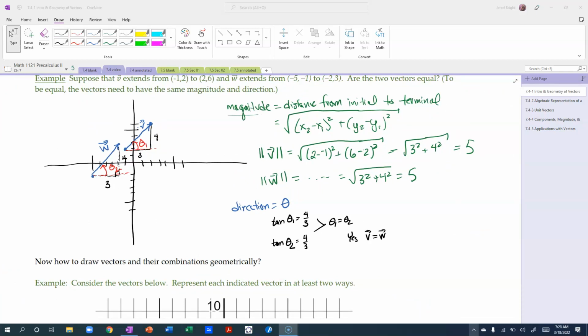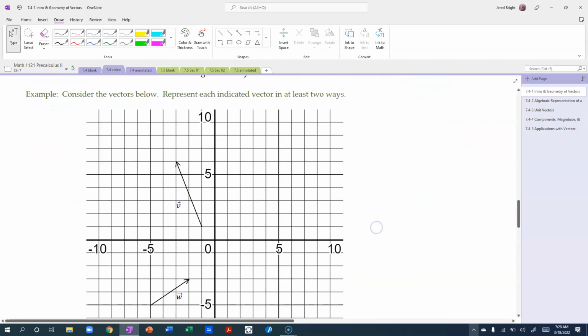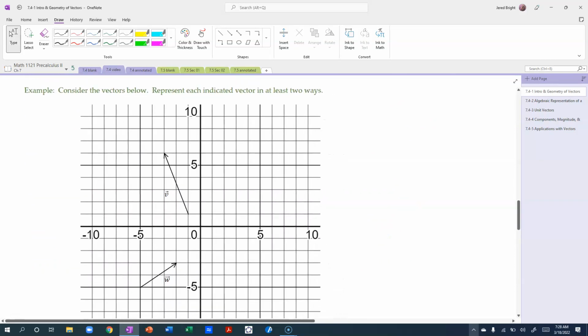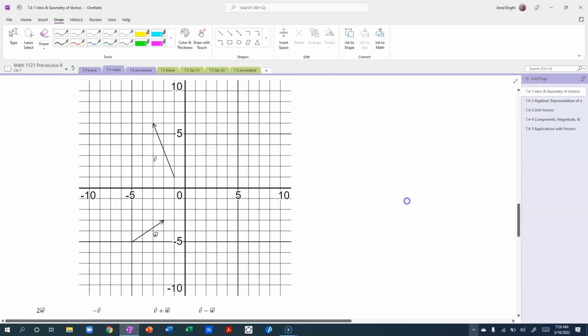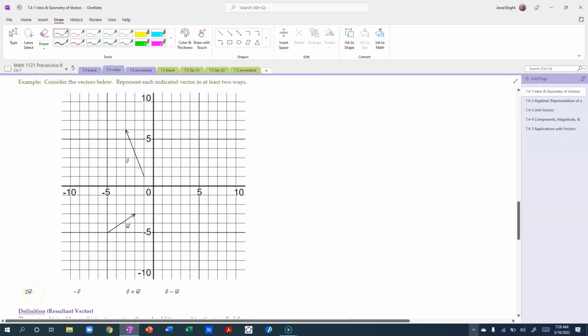So now we know how to find some basics about vectors. We know initial, terminal, we know how to find magnitude, we know how to find direction. Now I want to focus on a little bit more geometry and ask, what if we have some vectors represented on a grid, and we want to combine them? I have this example here, and I want to find, say, 2w.